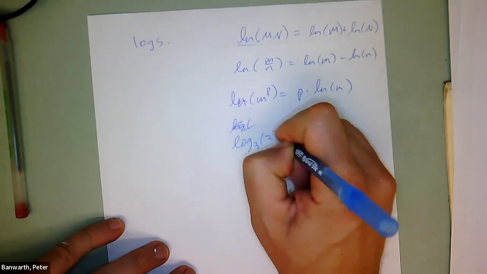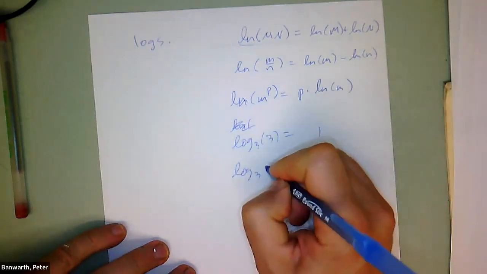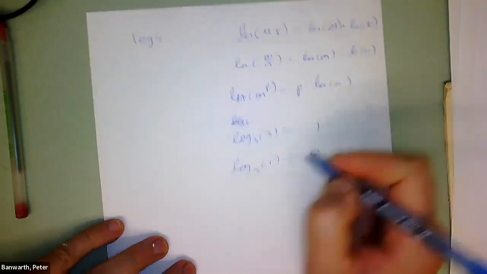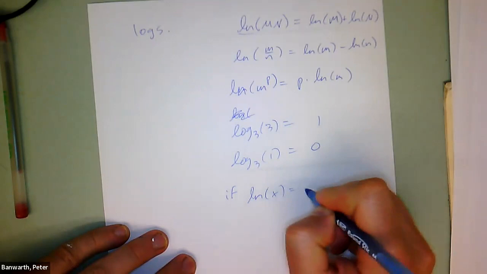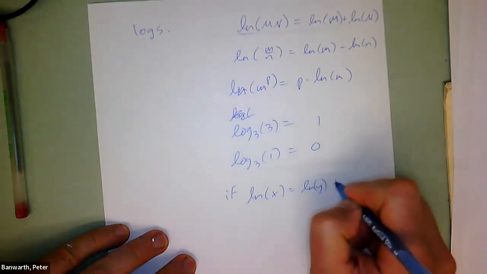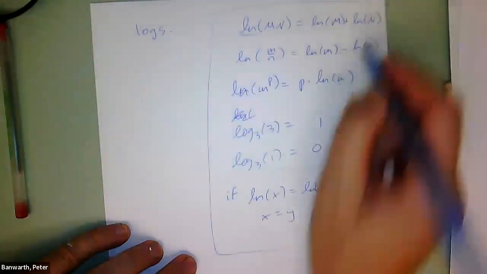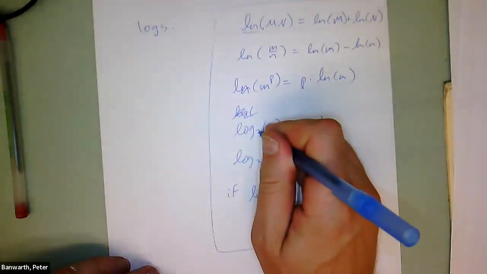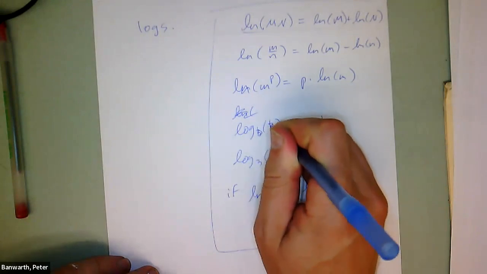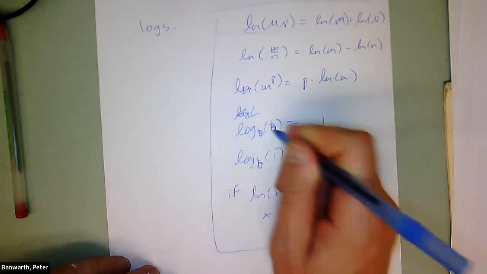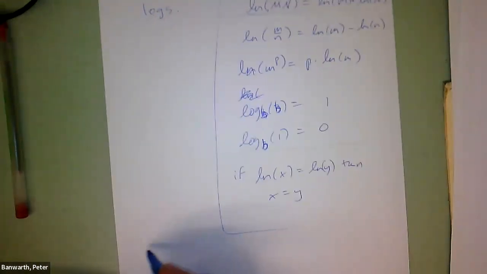Log base 3 of 3 equals 1. Log base 3 of 1 equals 0. If log of x equals log of y, then x equals y. You will be given this information. That could be any number. That could be like log base b of b, log base b of 1. You will be given this information. You just have to be able to use it.